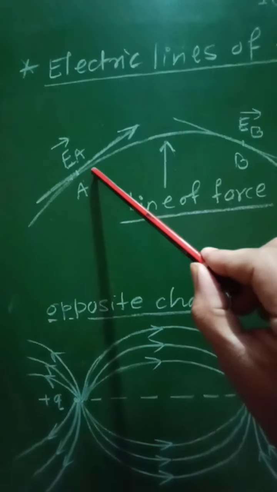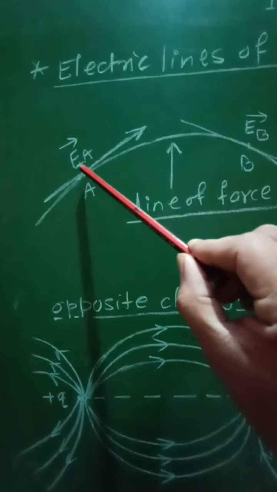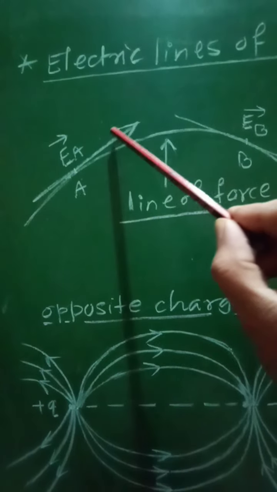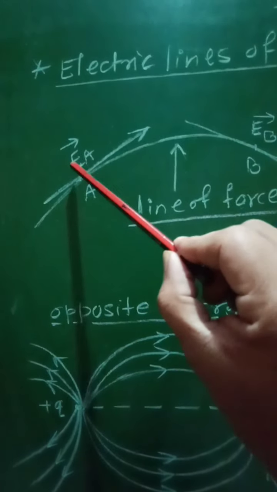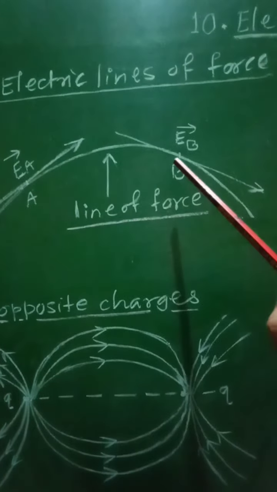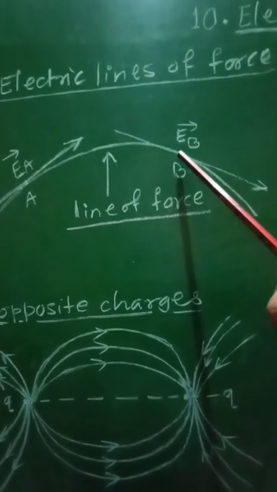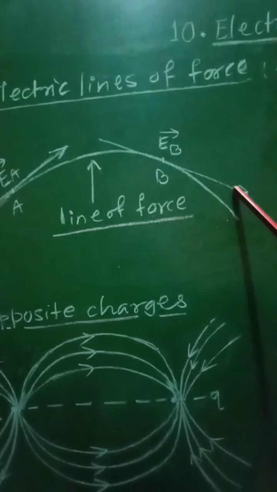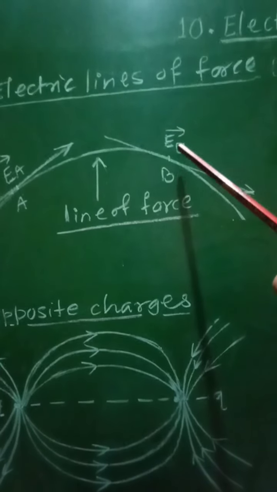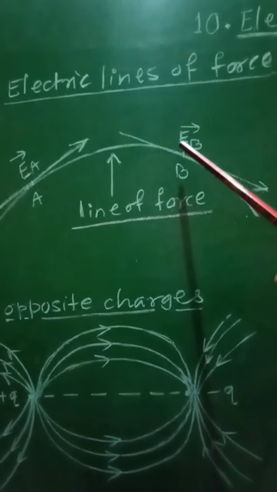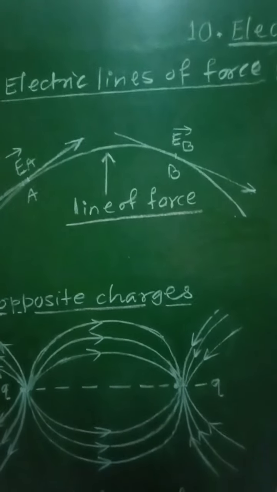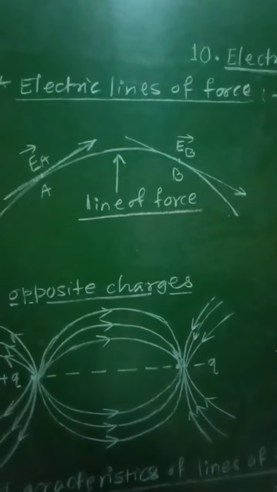Suppose point A is taken; at this point the tangent drawn will represent the direction of electric field EA at point A. Now if you consider a second point B along the same line of force, the tangent drawn at point B will represent the direction of electric field at that point B, that is EB. So this curve will represent the line of force for that given test charge.